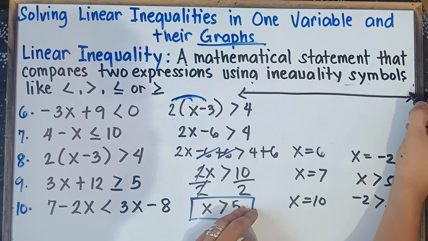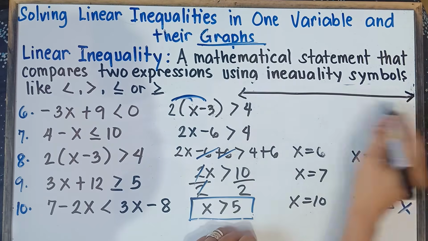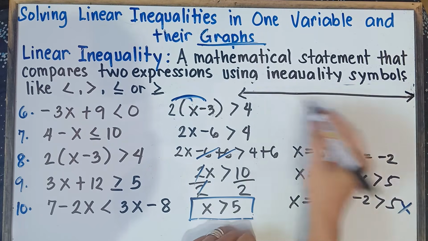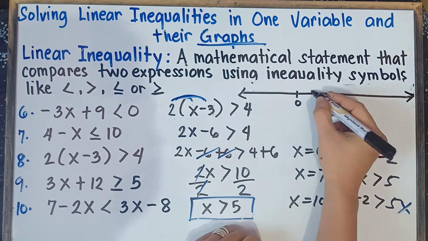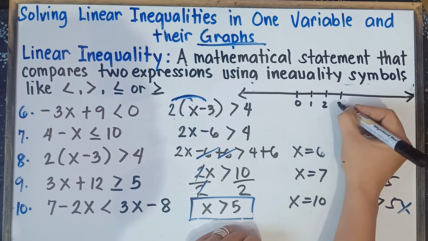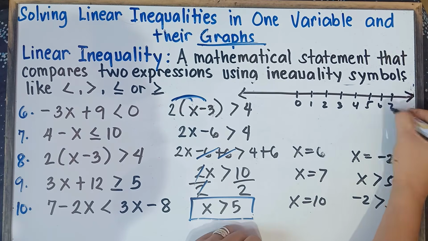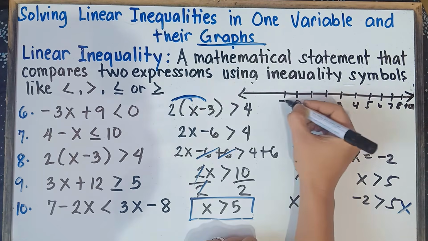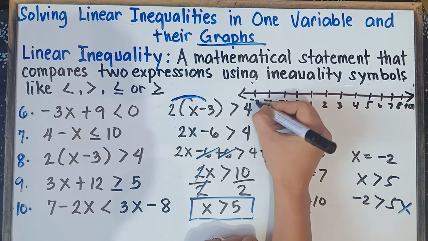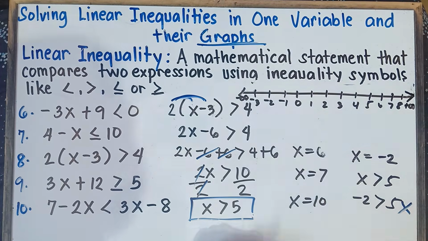There's no need to worry with regards to the number line, class, because you have an arrow. It means infinity. So you can have 0 here, and then positive 1, 2, 3, 4, 5, 6, 7, 8 up to positive infinity. And then negative 1, negative 2, negative 3, up to negative infinity.